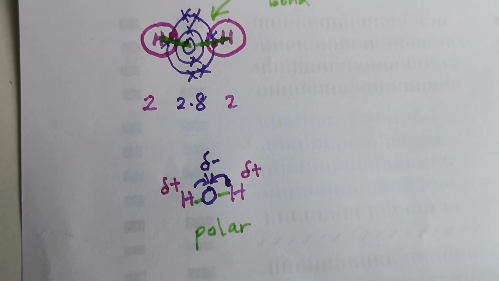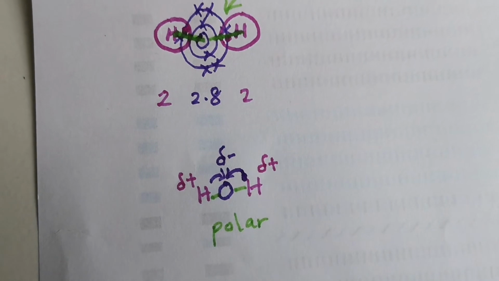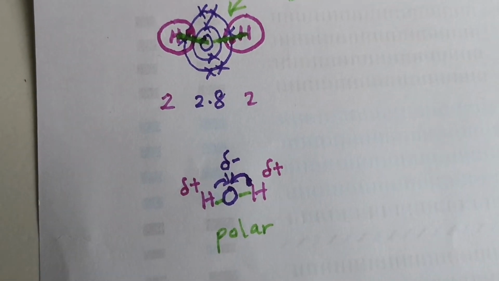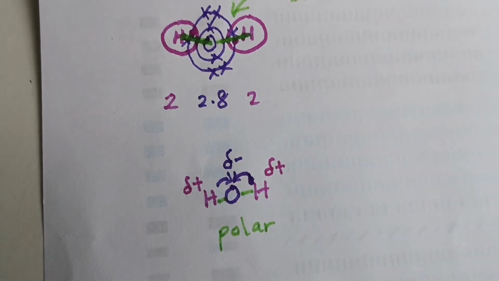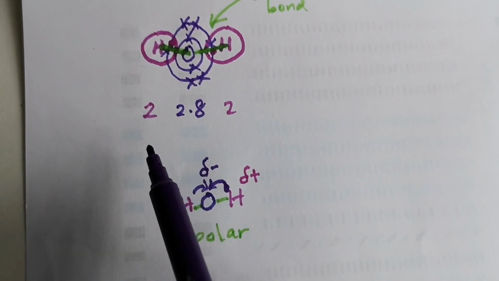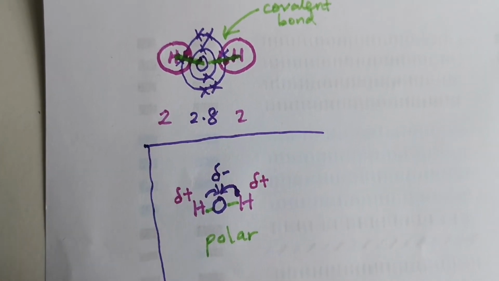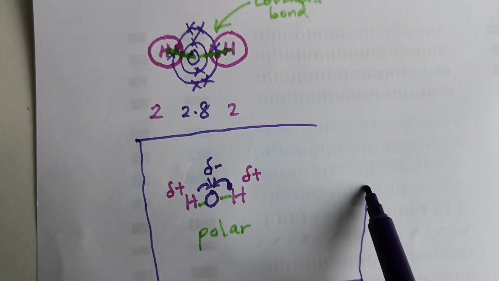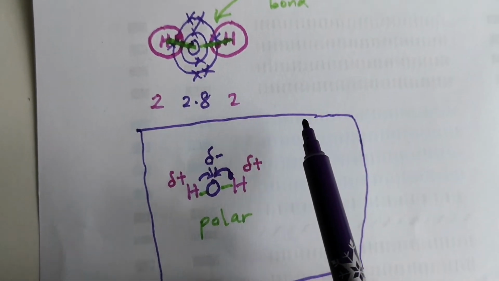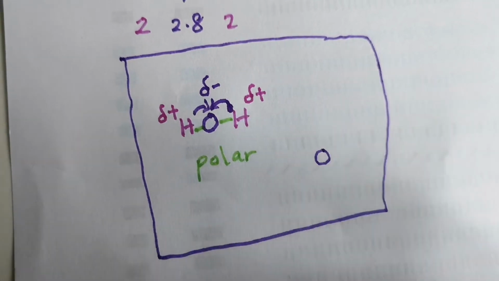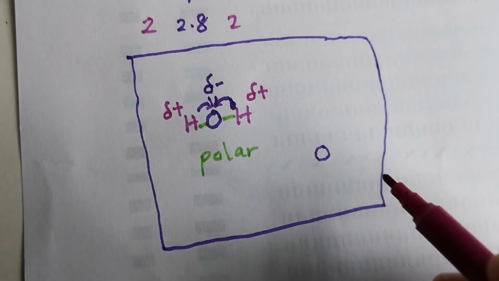Now, when that happens, in water it's not just one molecule. Okay, let's say in this container of water, there will be a lot of other water molecules, and all the other water molecules are also polar.